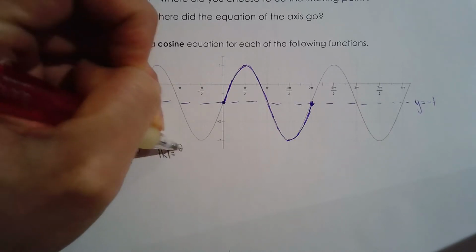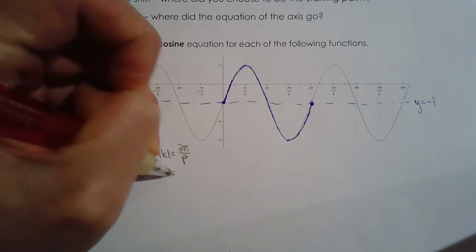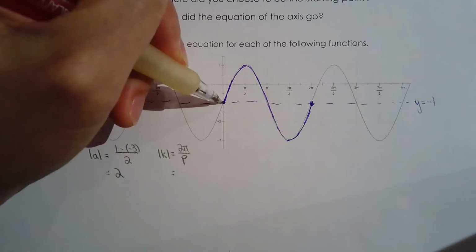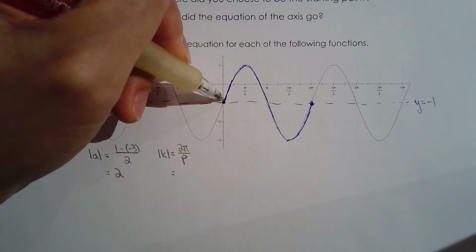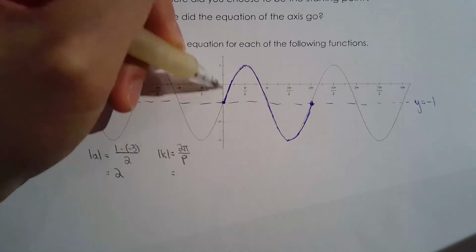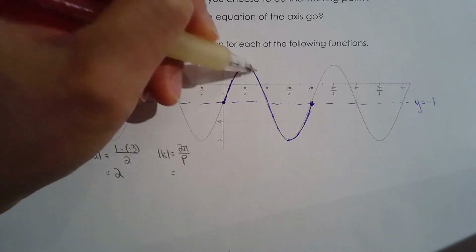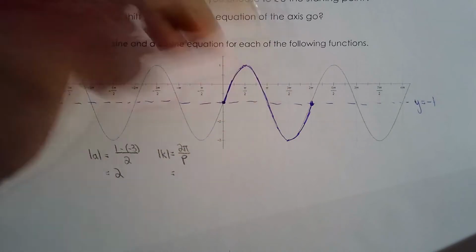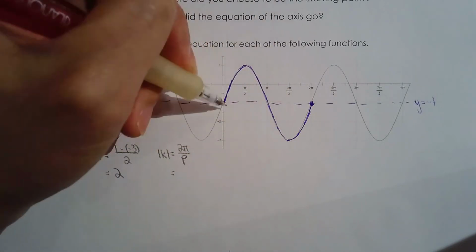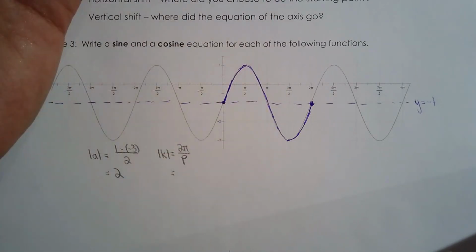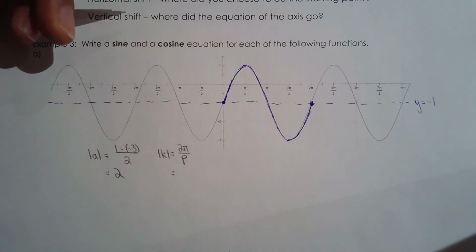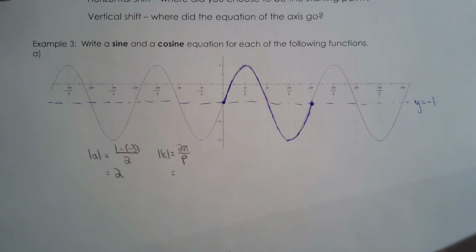K is equal to 2 pi over the period. What's the period? Well, when did I start drawing with my purple pen? When x was 0. And I stopped drawing at 2 pi. So from 0 to 2 pi, that's how far I have to travel horizontally to complete one cycle, which is the definition of a period.